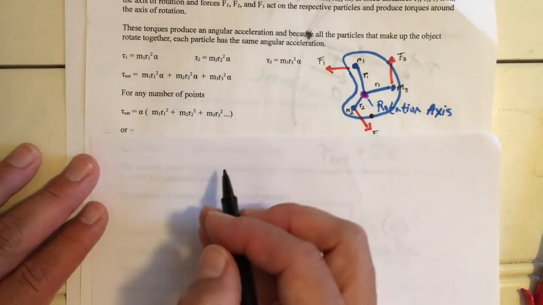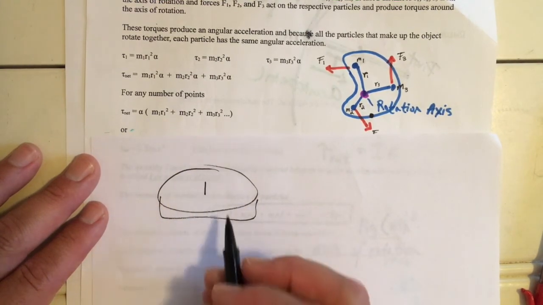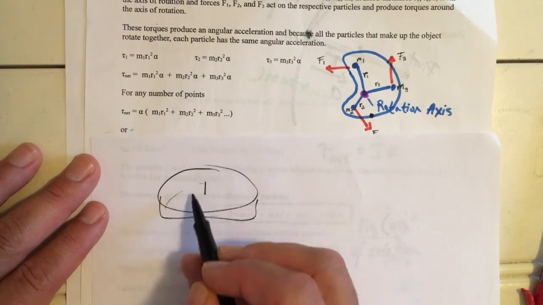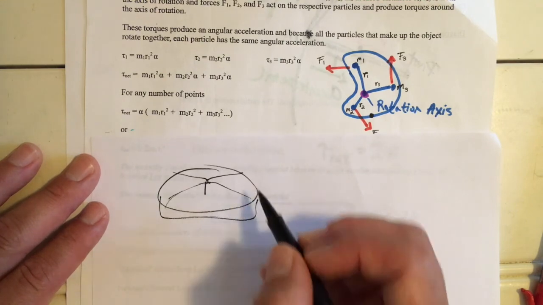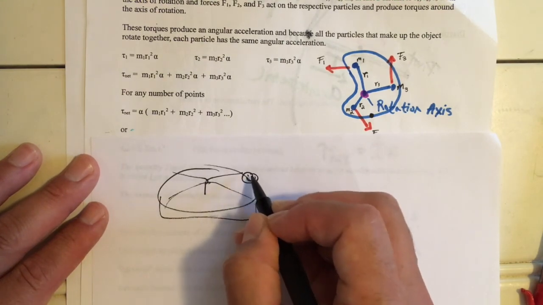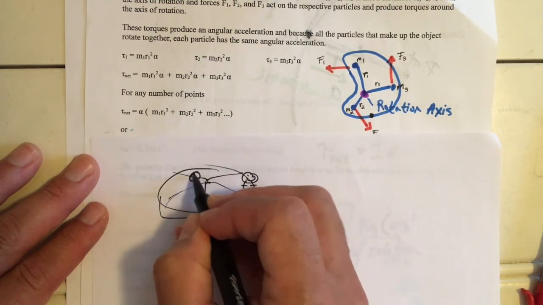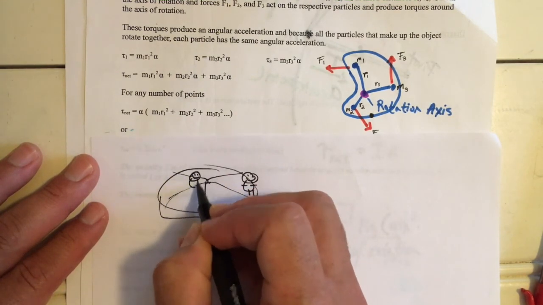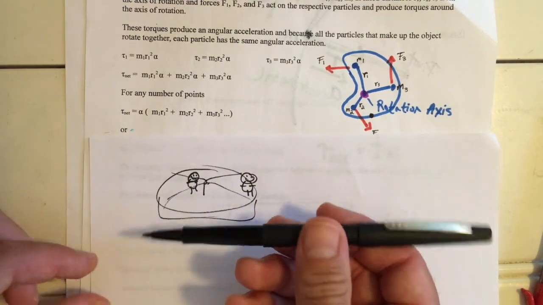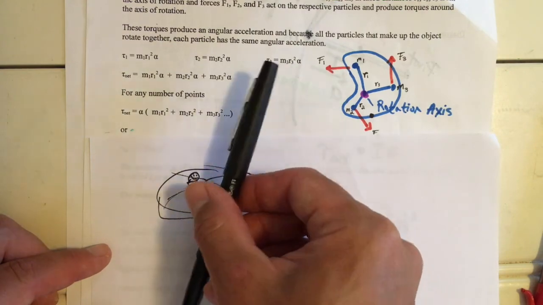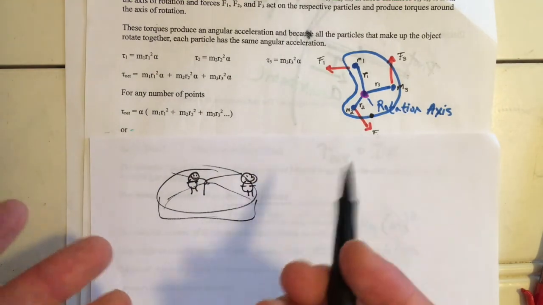For instance, if you were on a merry-go-round and you sat, I don't know if I can draw this. All right. And you sat out here and your little brother sat near the middle, even though you were sitting in different places, you would still sweep out the same angles in the same amount of time as you sped up, right?